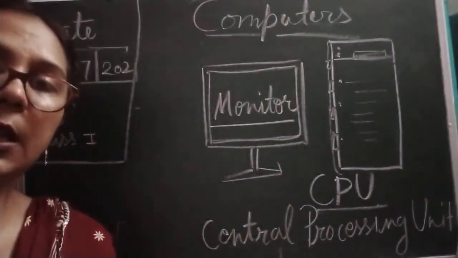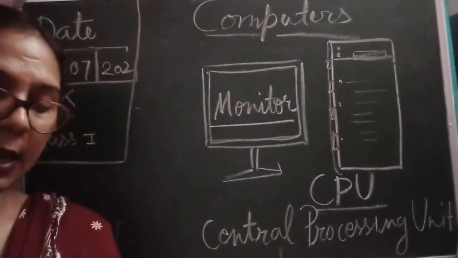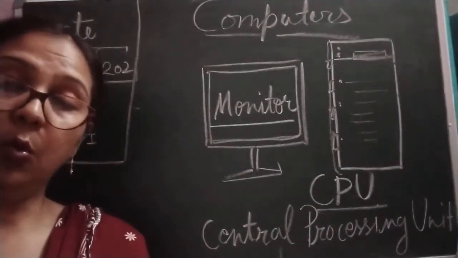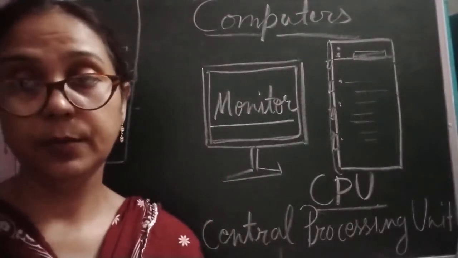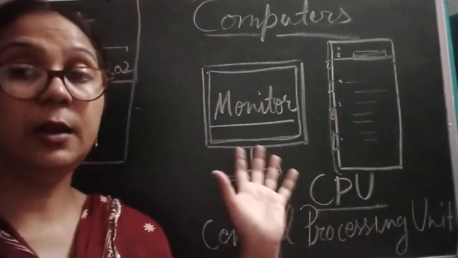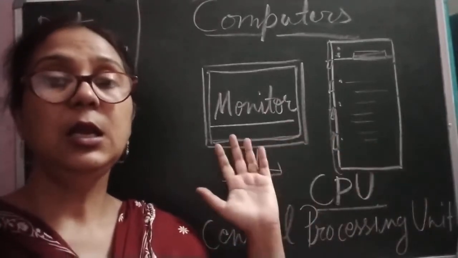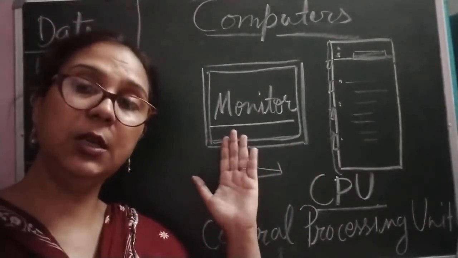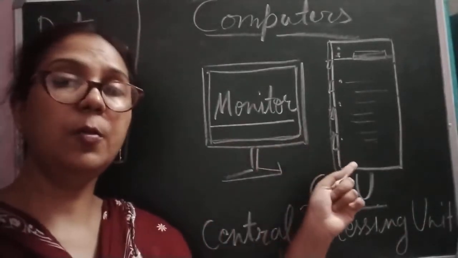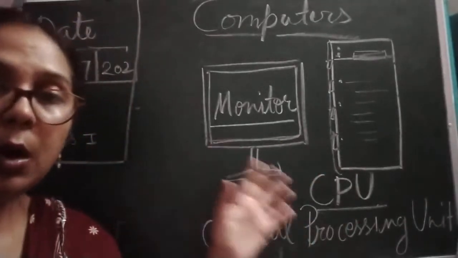It is a very important part of computers, known as the brain of the computer, because it is the Central Processing Unit. It means each and every processing which we see on the monitor is controlled by the CPU.